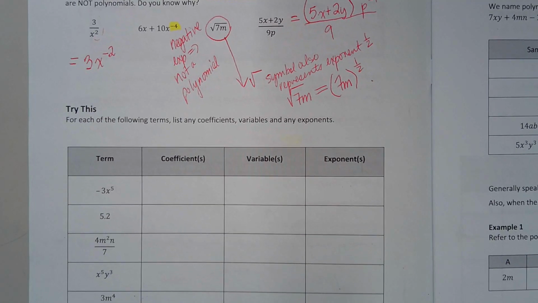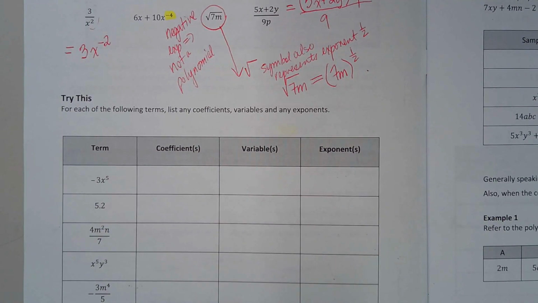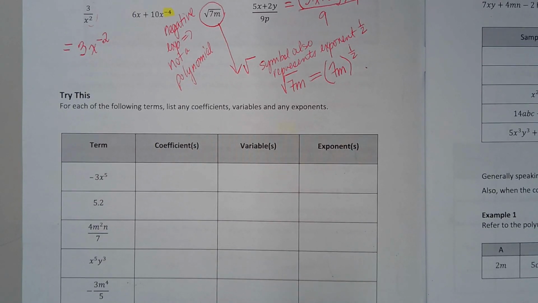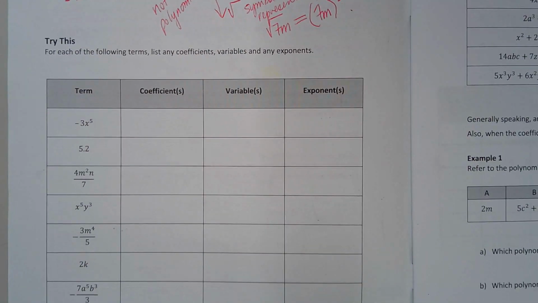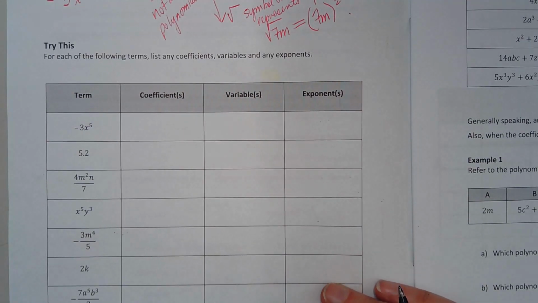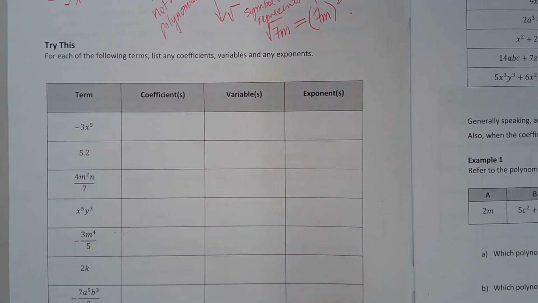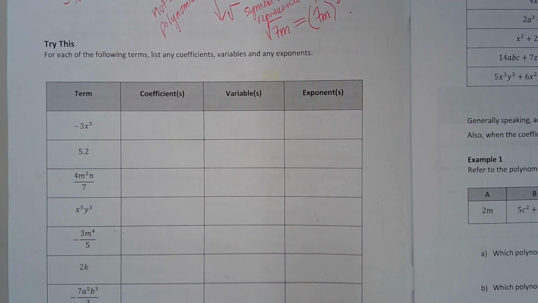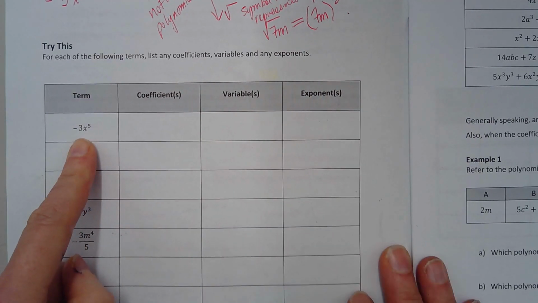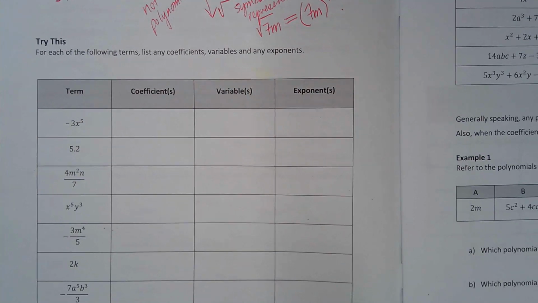So let's just see if we can figure this out. For each of the following terms, list any coefficients, variables, and or exponents. So let's do the first line, 2 lines together maybe, and then I'll give you some time to complete the chart, and then we can check in with each other. So negative 3x to the power 5. Is there a coefficient in this term?